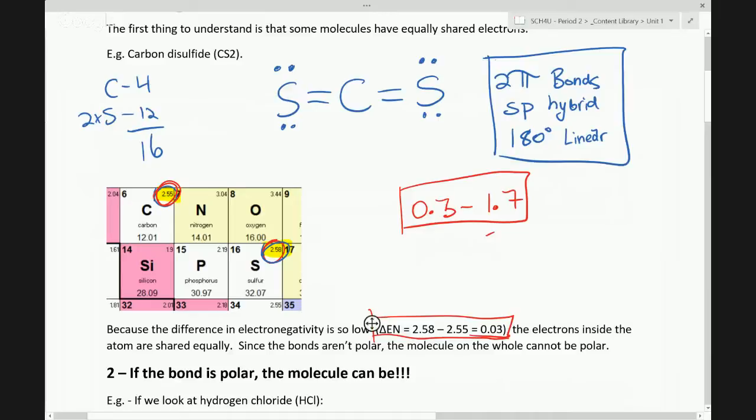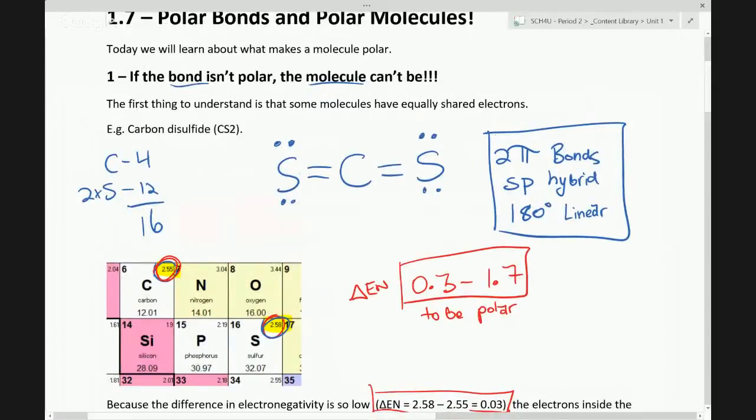So by any stretch of the imagination, this difference in electronegativity is really low. At just 0.03, we say that the difference in electronegativity isn't in this range, so it's not a polar bond.